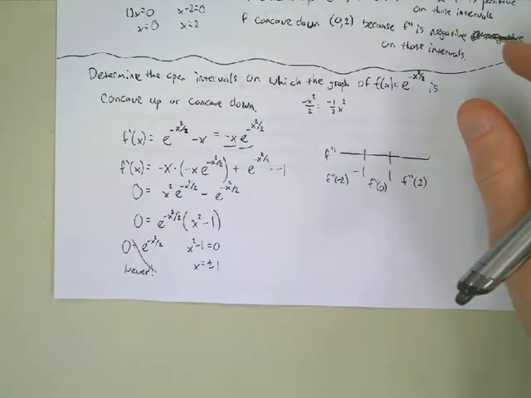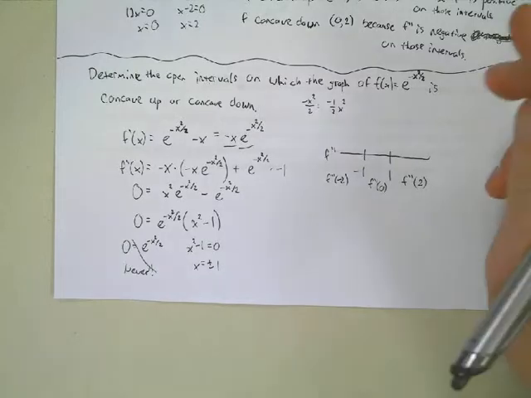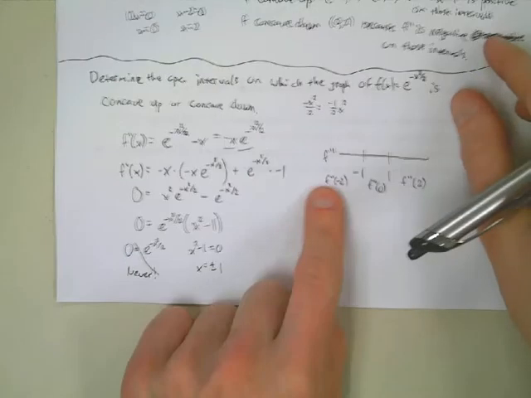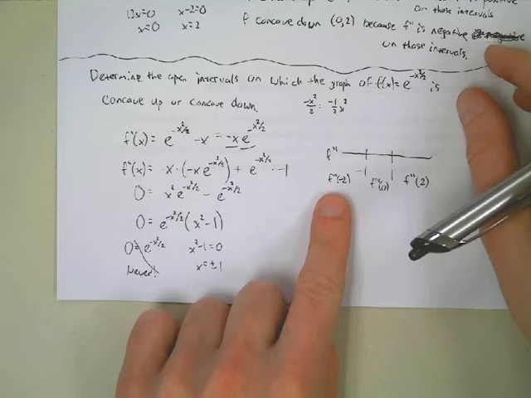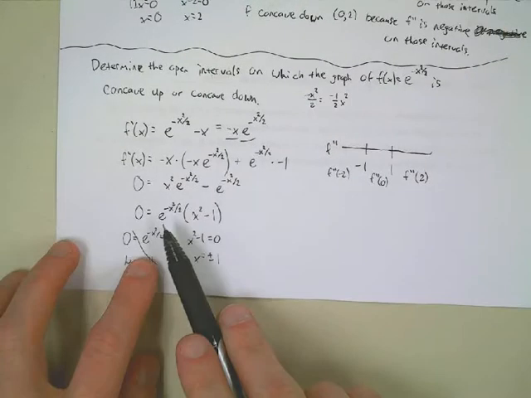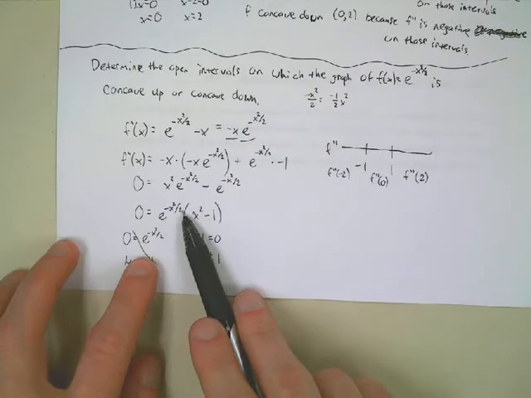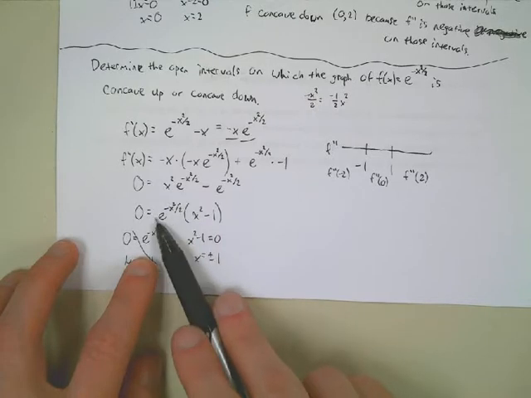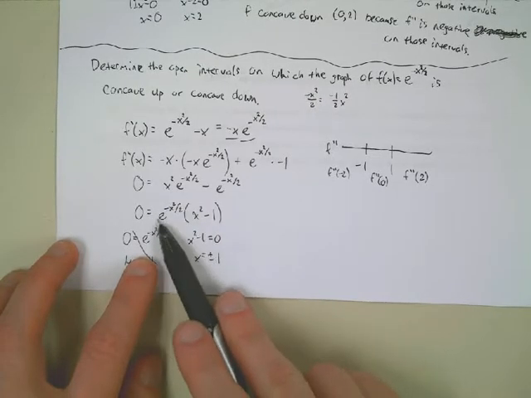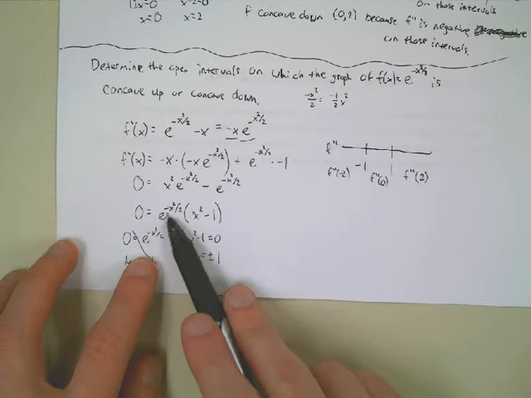The good news is, this e to the something is always going to be what? E is a positive 2.6, and we're raising it to a power. So this thing is always going to be positive. So really, the only thing that's going to affect whether we're positive or negative is this part right here.